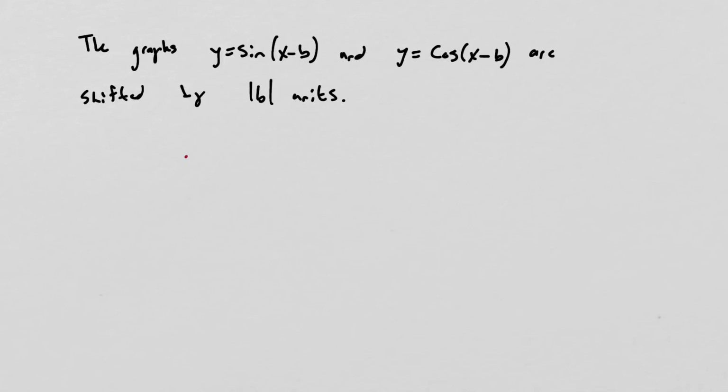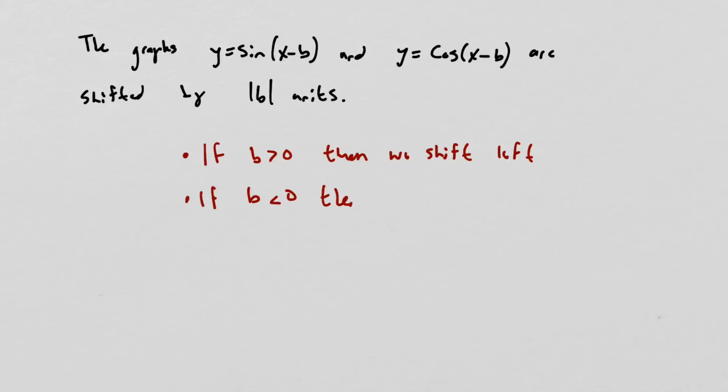To determine how these shift, if we have that b is larger than 0, then we shift left. And if we have that b is less than 0, then we shift right. Whoops, this is actually in reverse. This should have been less than 0 to shift left, and this should be greater than 0 to shift right.